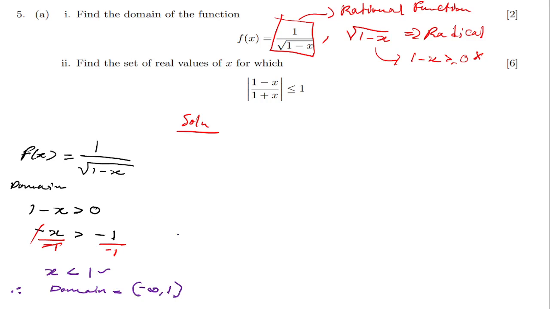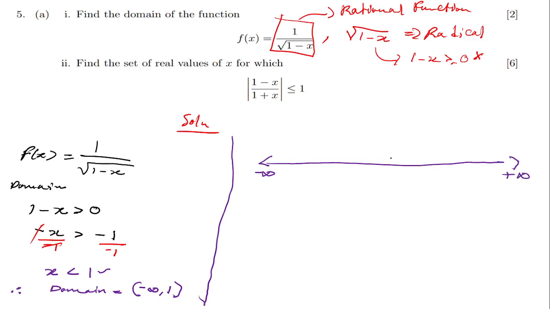On a number line, you have negative infinity and positive infinity, with 0 to demarcate the negatives and the positives. Then 1 is marked with an open bracket, and the line goes towards the left-hand side. This is the domain we are looking for.